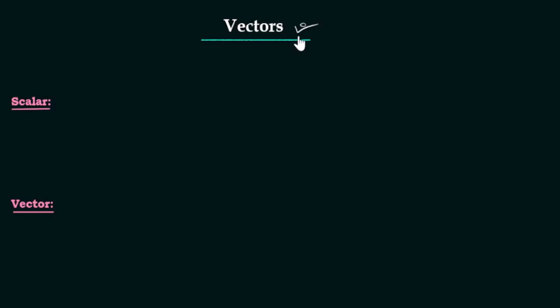So first of all, the question arises, what is a vector? Before the vector, we should know about scalar. So what is a scalar? Scalar is the quantity having magnitude only.